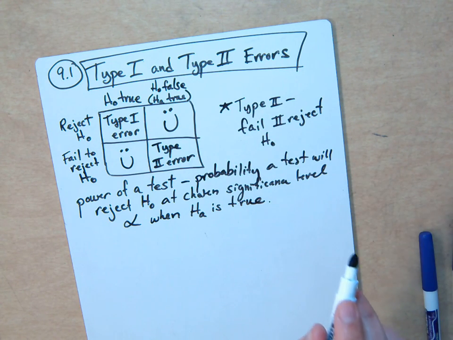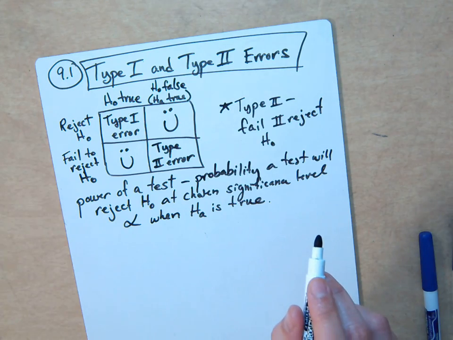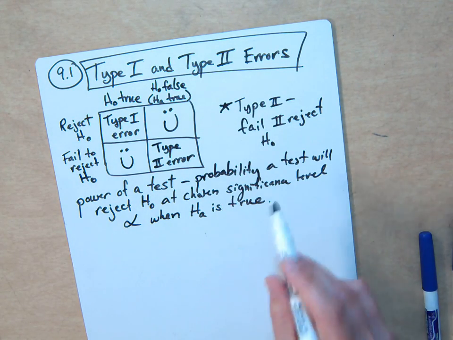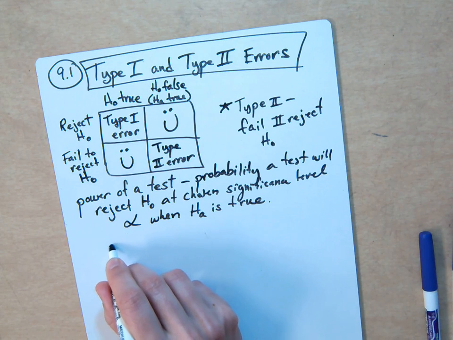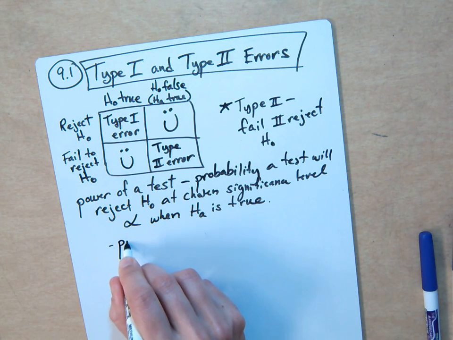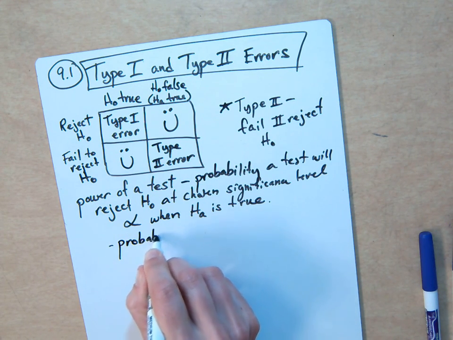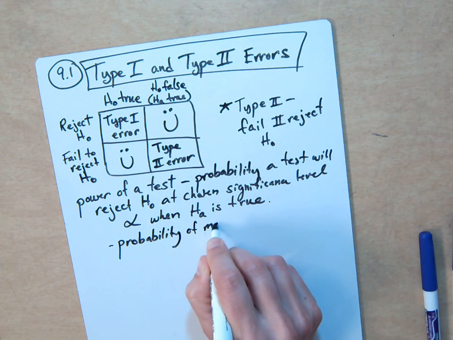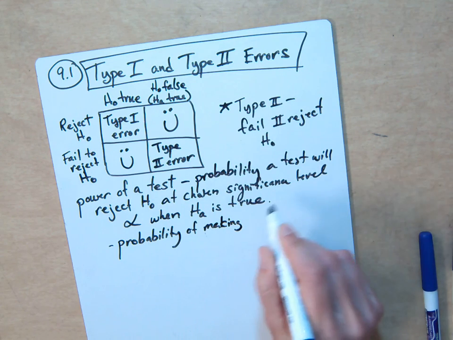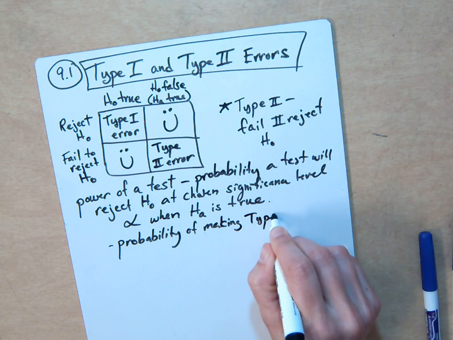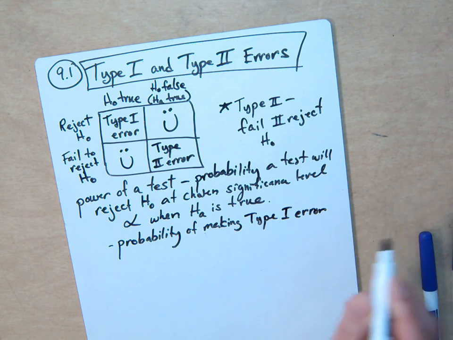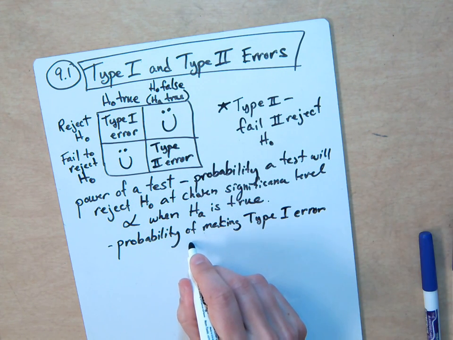And the probability of making a type 1 error is actually alpha. So there's a little footnote: the probability of making a type 1 error is the significance level, alpha.